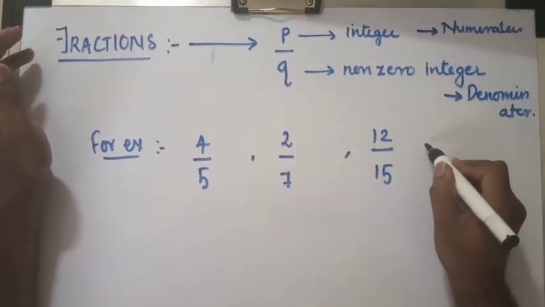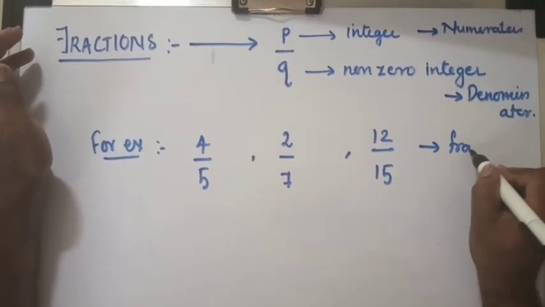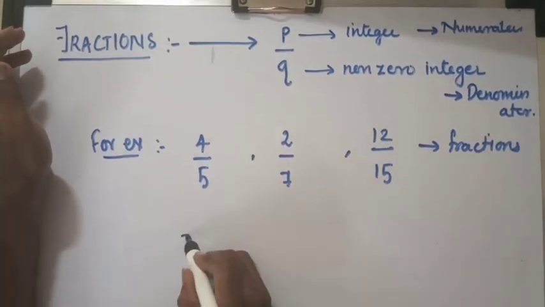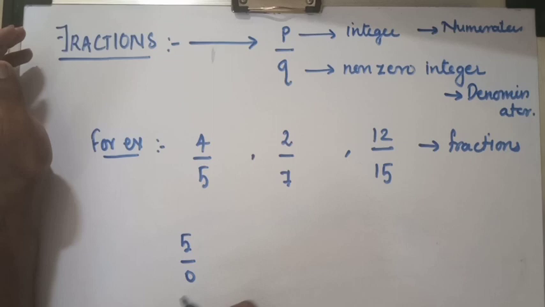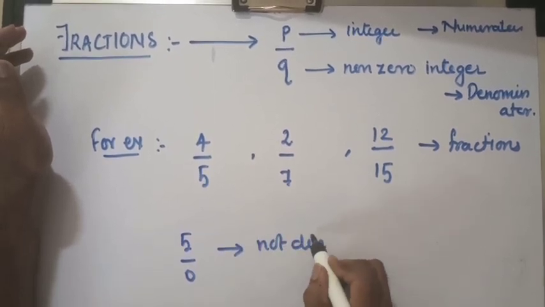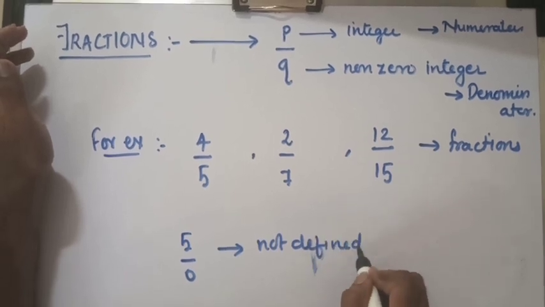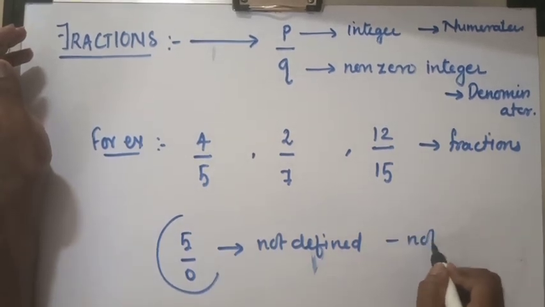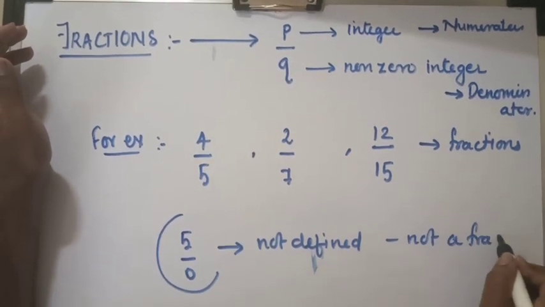These all are fractions. But children, 5 by 0 is not defined. When the denominator is 0, you cannot define the fraction. So it is not defined.